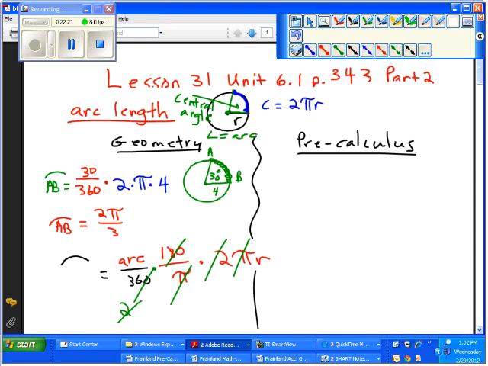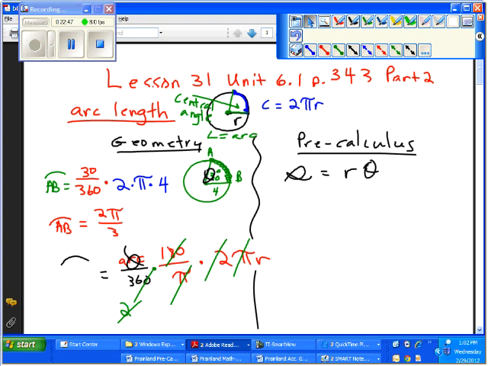Arc times the radius. Now my arc is my angle measure. If this was my angle and we called that theta, then what I would have is r theta. And so our formula for pre-calculus is arc length, which we call S, is equal to r theta.